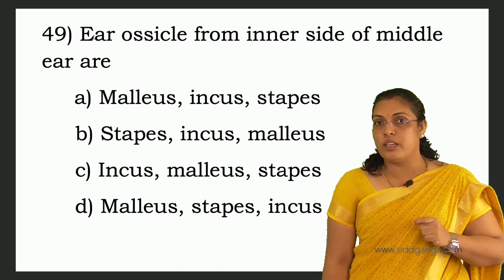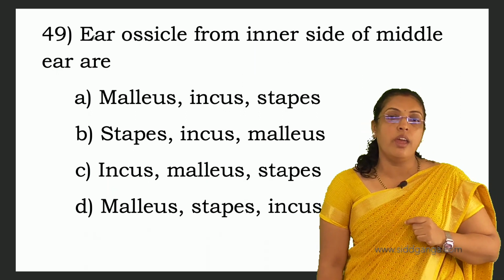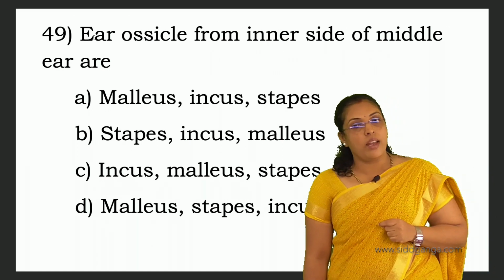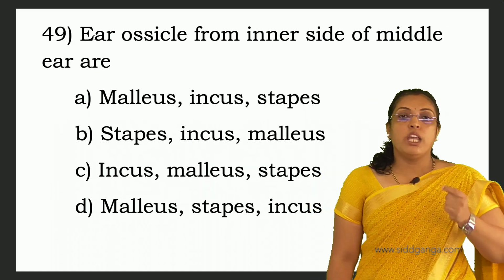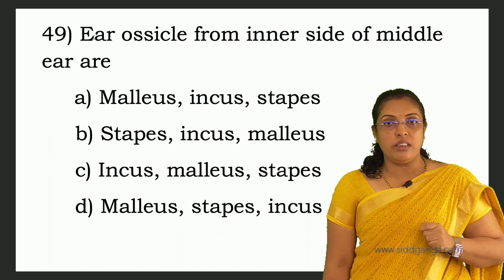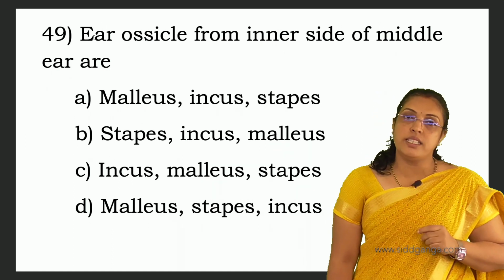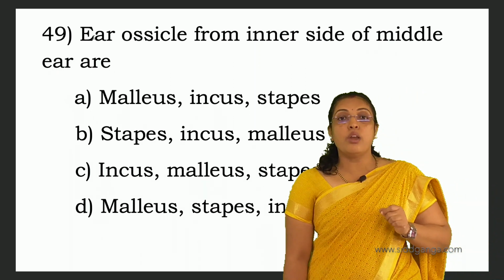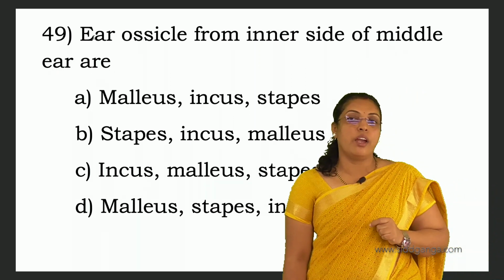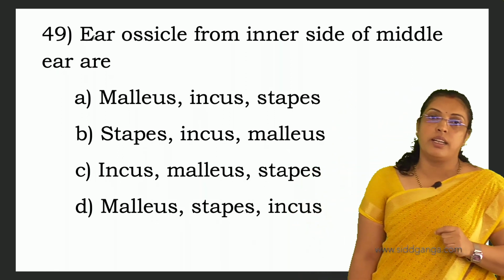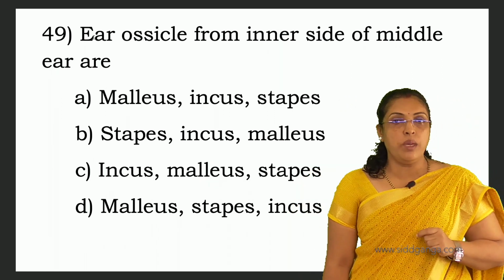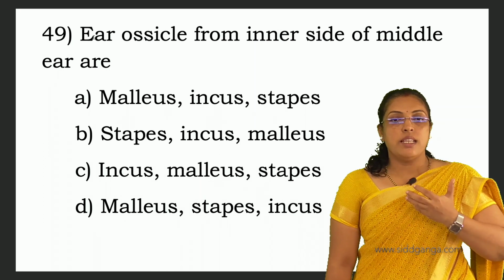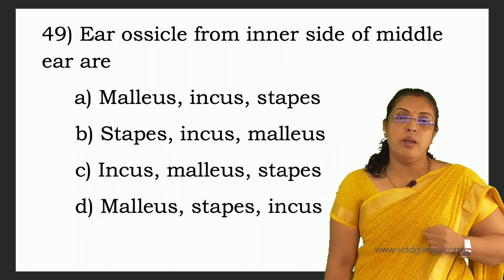So inner side of the middle ear, we'll go with the answer stapes, incus and malleus. Simply if they ask ear ossicles present in the ear, then we write malleus, incus and stapes. But here they have asked ear ossicles from the inner side of the middle ear. So the answer is B. Inner side means from inner ear to middle ear. So that is stapes, incus and malleus.